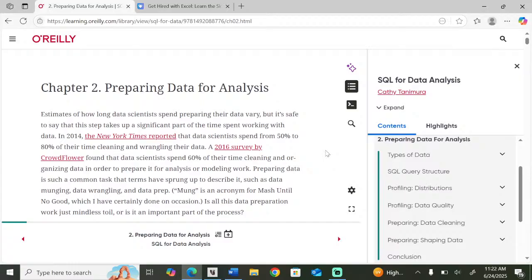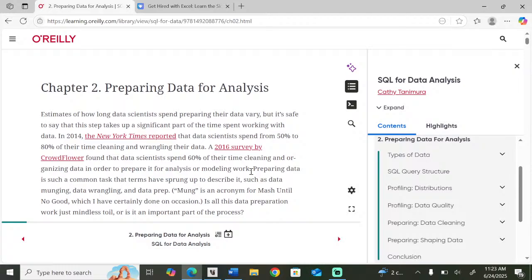It has a lot of spelling errors, even blanks. That is why I wrote my book, as those who checked out my book know. We said that 80% of the time is used to clean data. A 2016 survey by CrowdFlower found that data scientists spend 60% of their time cleaning or organizing data in order to prepare it.